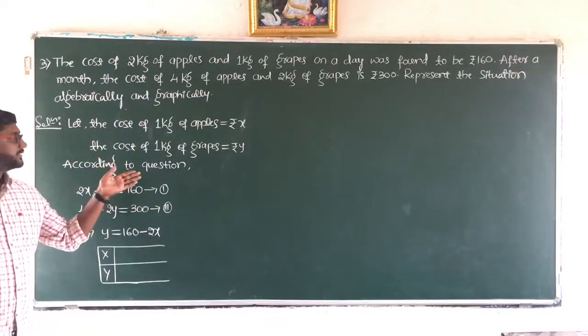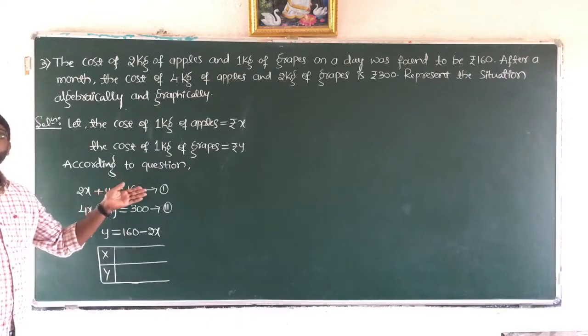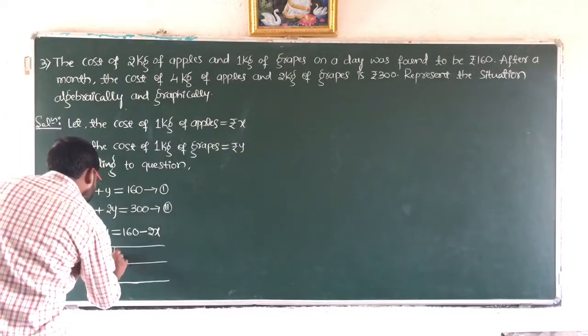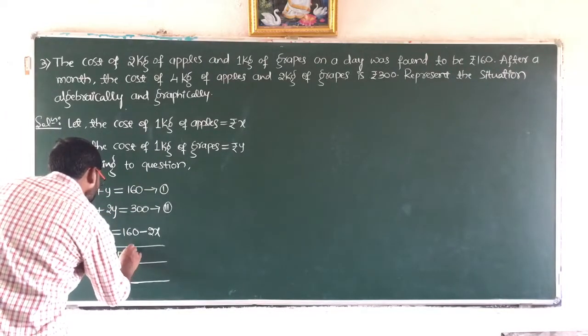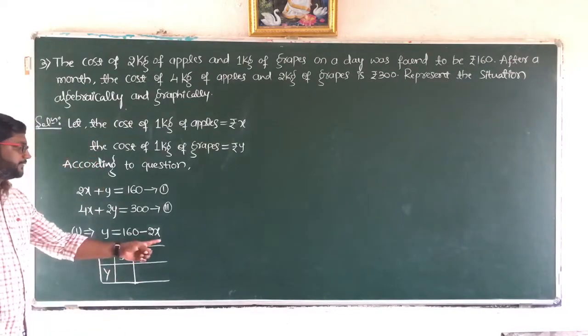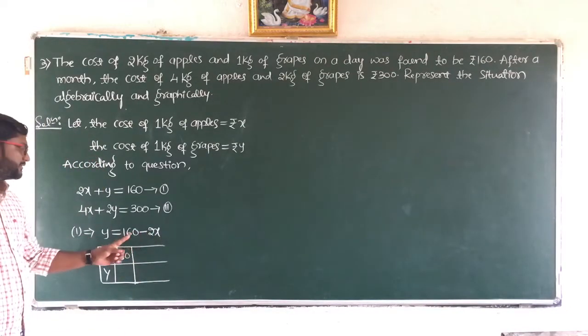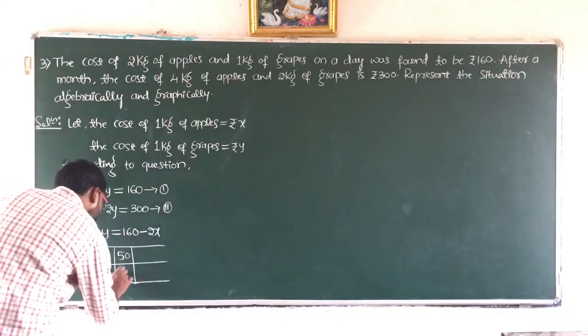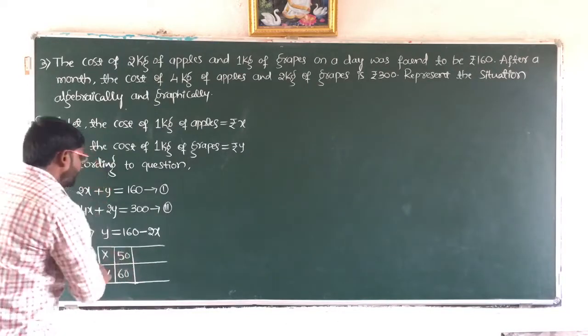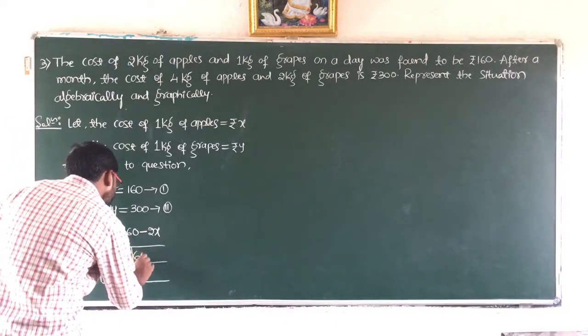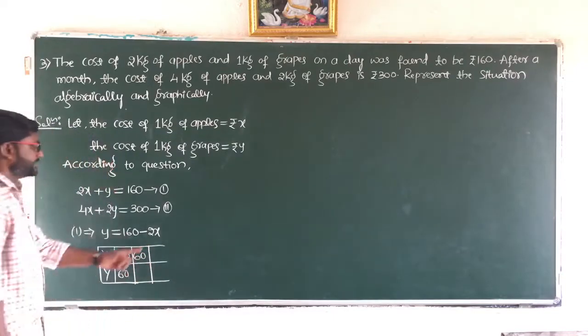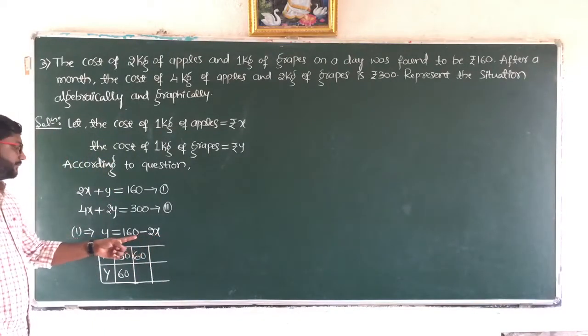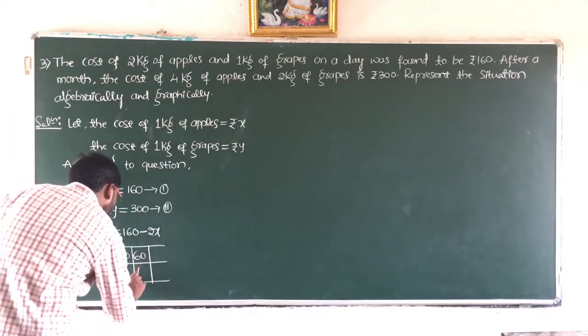We have to consider some values of x and note the corresponding y values. Let x equal 50. 50 into 2 is 100. 160 minus 100 will be 60. Then let us take x as 60. 60 into 2 is 120. 160 minus 120 will be 40.